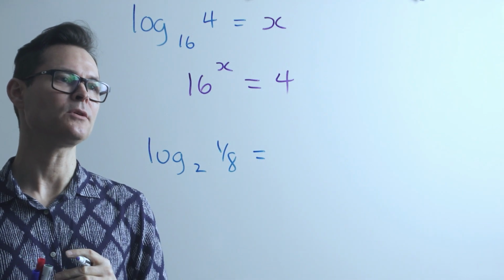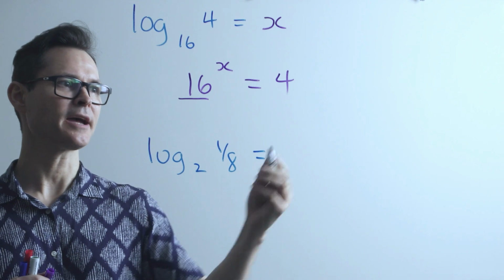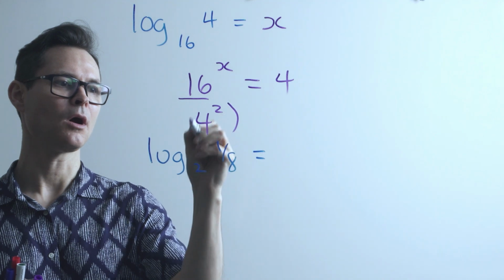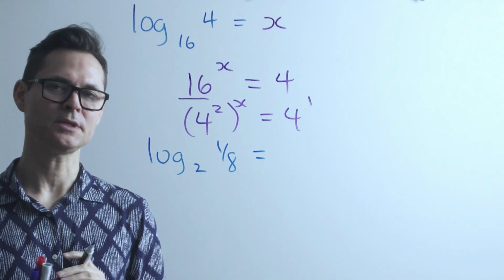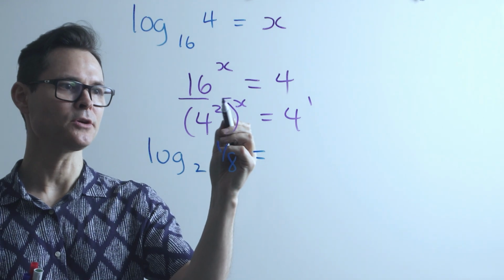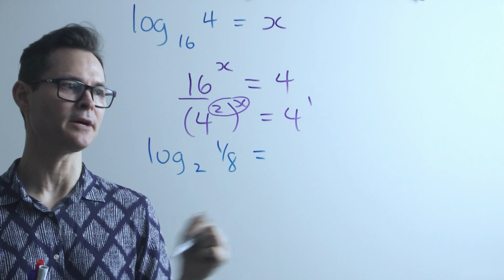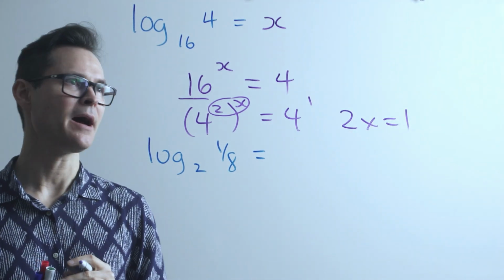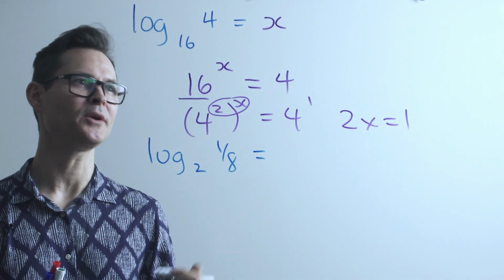And then what you could do is change 16 to base 4. So that could be written as 4 to the 2, all to the x, equals 4 to the 1. Do you see? Now you're using your exponent rules. If you have a power to a power, you multiply those. So that means 2x is equal to 1, and that means x is equal to 1 over 2.